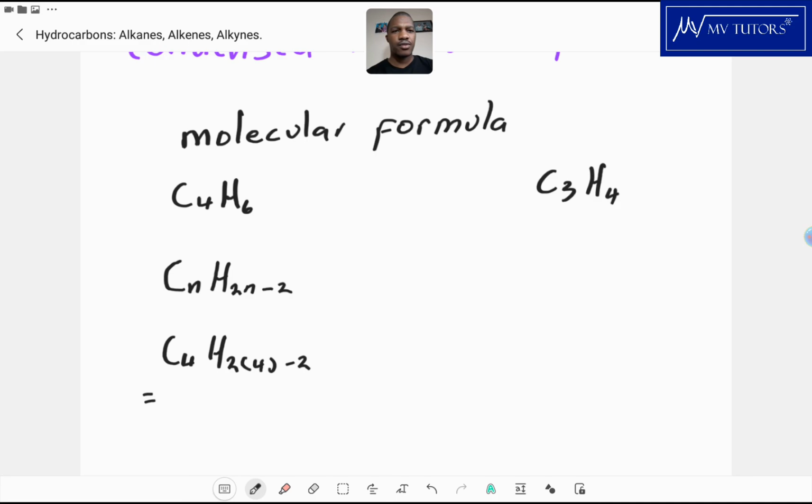Okay, which will equal C4H2 times 4 is 8, 8 minus 2 is 6. Okay, likewise this side, it's C3H2 times 3 minus 2. So that equals C3H2 times 3 is 6, minus 2 is 4.